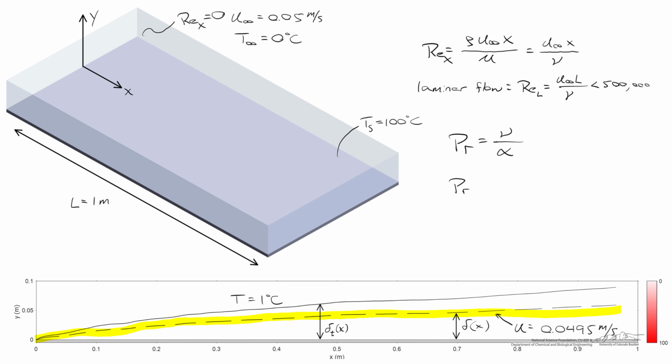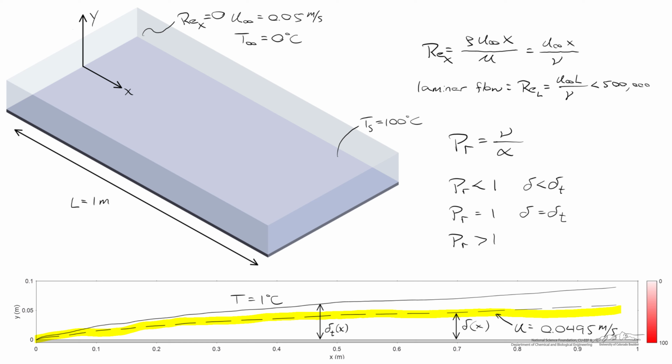What we're going to observe is that the Prandtl number will affect the relative thickness of the thermal and the momentum boundary layers, such that for a Prandtl number smaller than 1, the momentum boundary layer will be thinner than the thermal boundary layer. A fluid that has a Prandtl number of 1 will have two boundary layers of the same thickness.